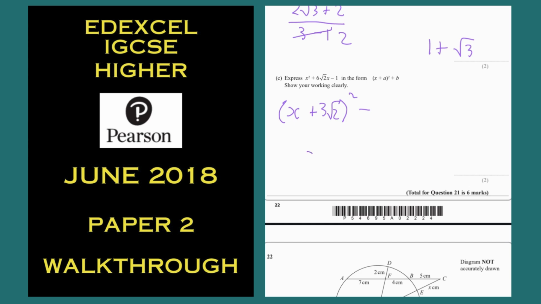So if you do 3 root 2 times 3 root 2, it's 9 2's. So it's an 18 to take away. And you're there, aren't you? Because the bracket is done. And we simplify the end. So the plus b is minus 19.